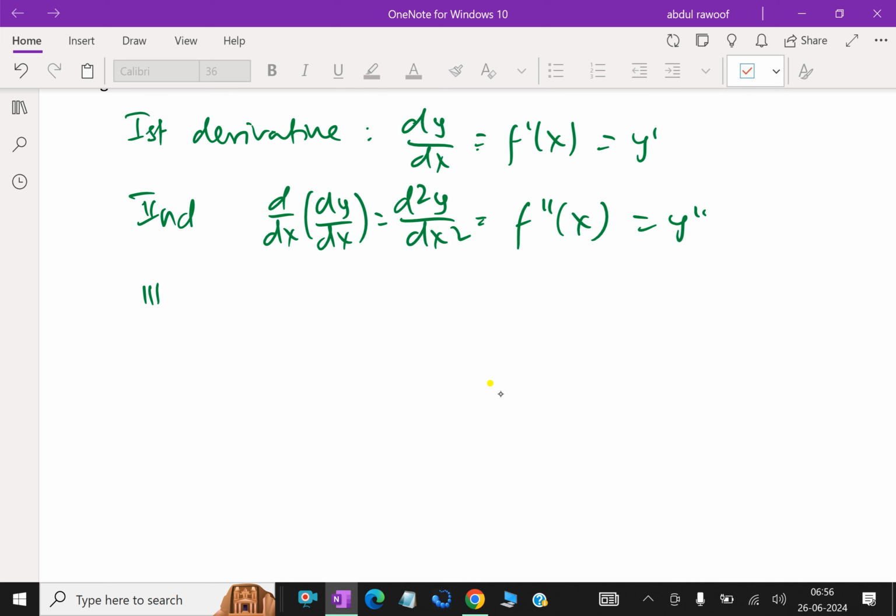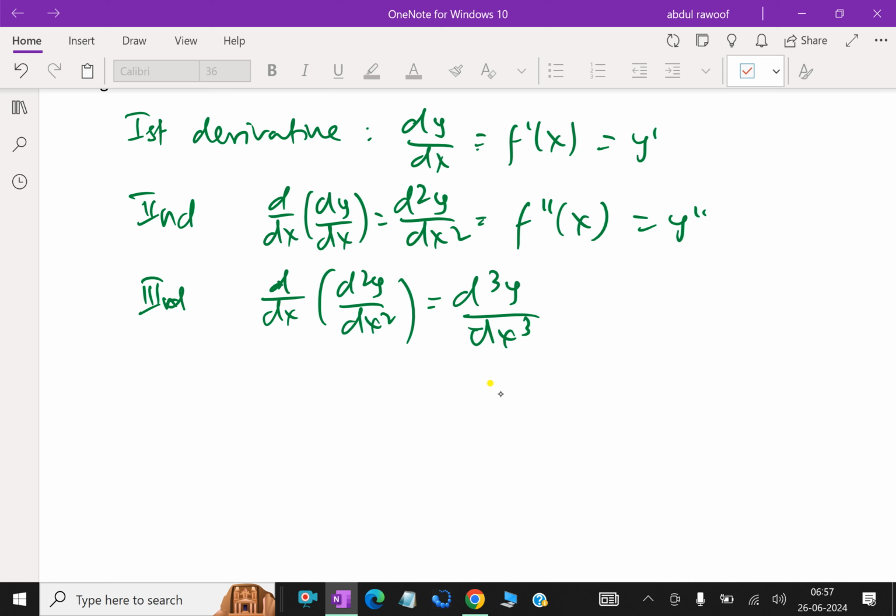The third derivative is d by dx of d square y by dx square, that is equal to d cube y over dx cube. Then further we can say f triple dash of x, or y triple dash.